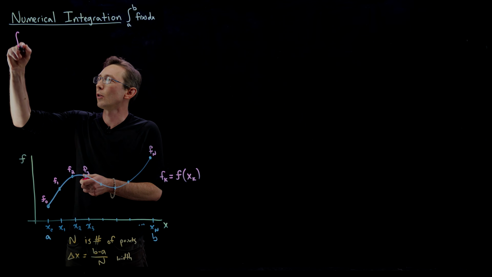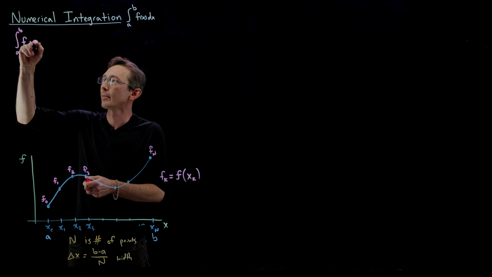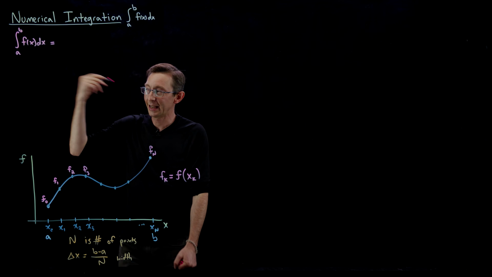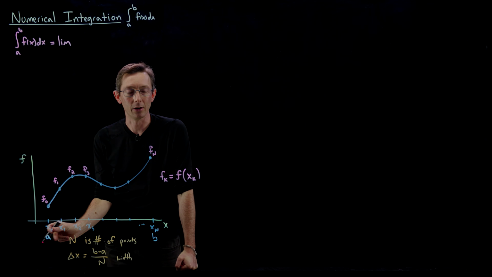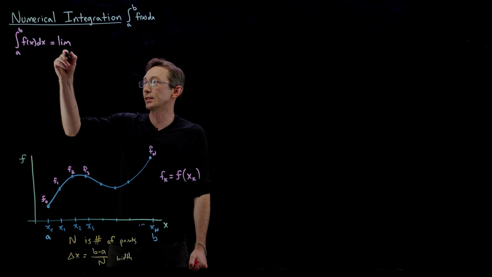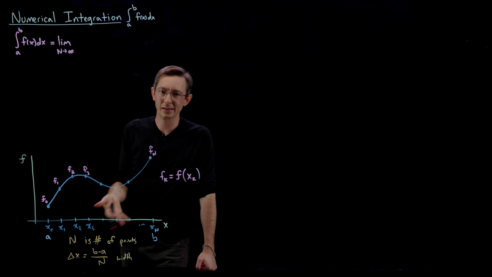The normal way to do this: the integral from a to b of f of x dx is equal to the limit as either delta x goes to 0 or as n, the number of divisions, goes to infinity. They're the same thing.